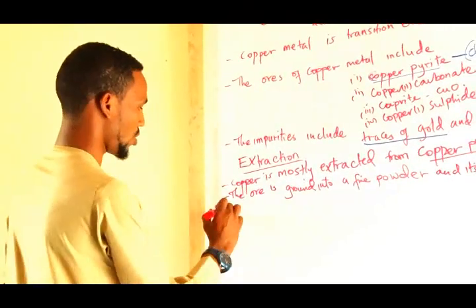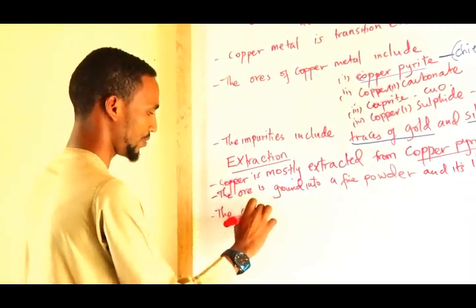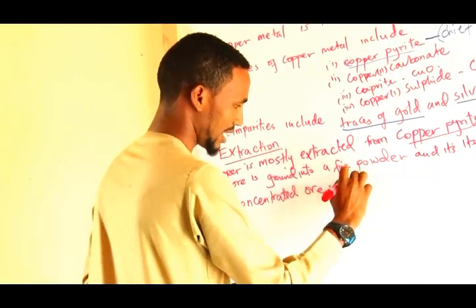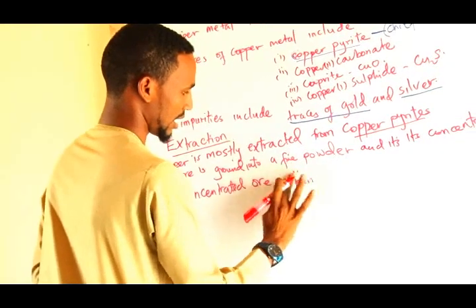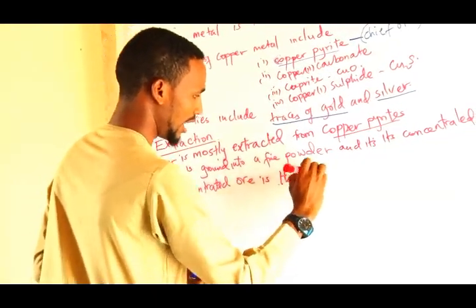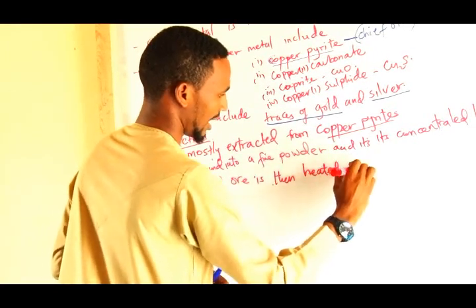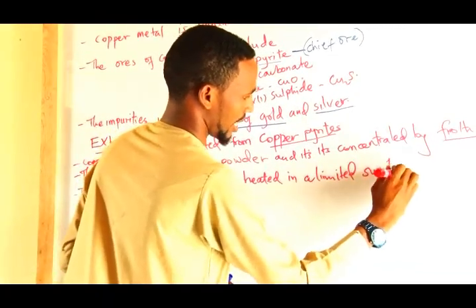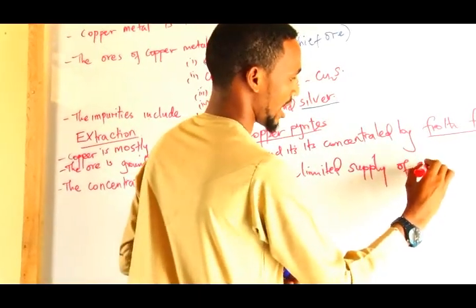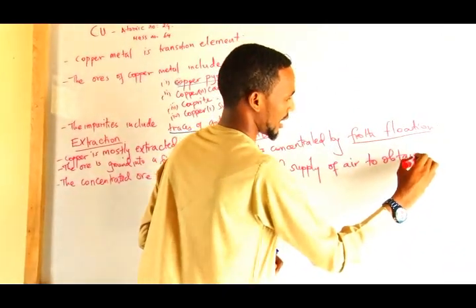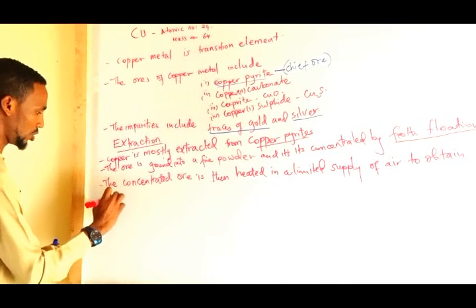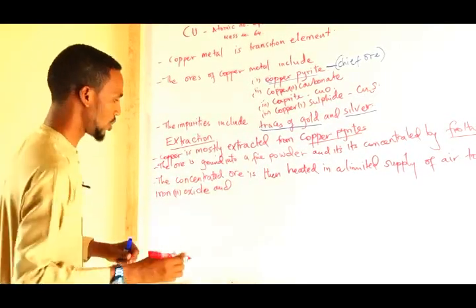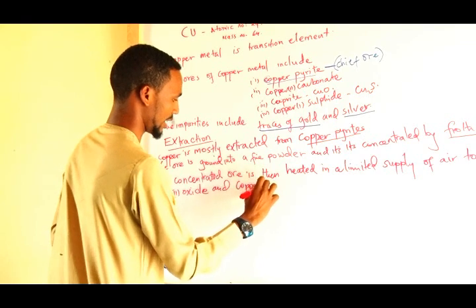What do you do with the concentrated ore? The concentrated ore is then heated in a limited supply of air to obtain iron 2 oxide and copper 1 sulfide.